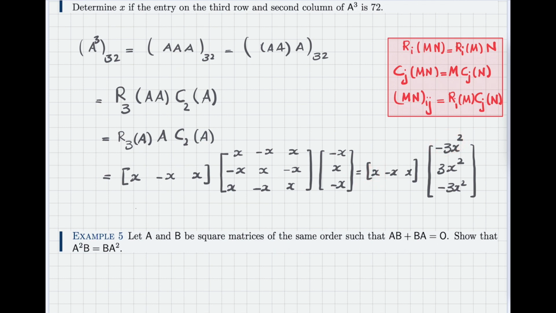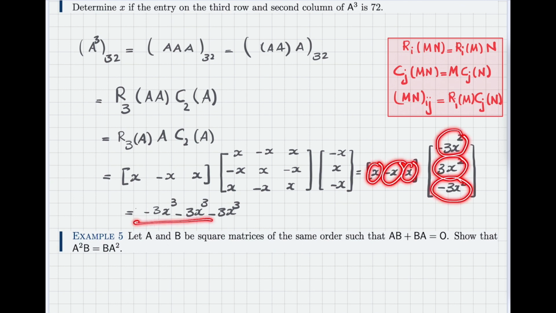It gives me minus 3x cubed. The next one is also minus 3x cubed. The other one is also minus 3x cubed, and I have to add them. So you know that. Yes, I multiply this by that, this by that, this by that, and at the end, I have to add them. So it becomes negative 9x cubed.